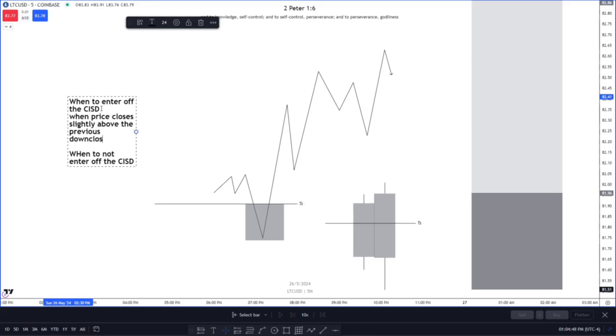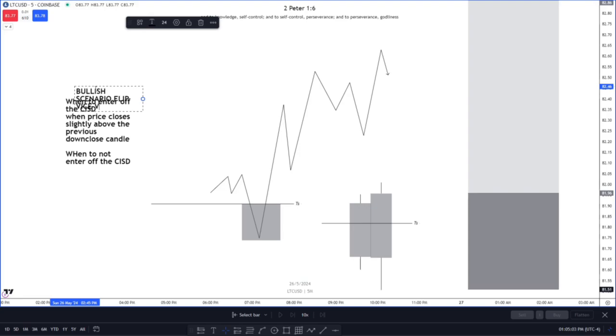I'm going to just handle the bullish scenario. Flip vice versa for bearish.